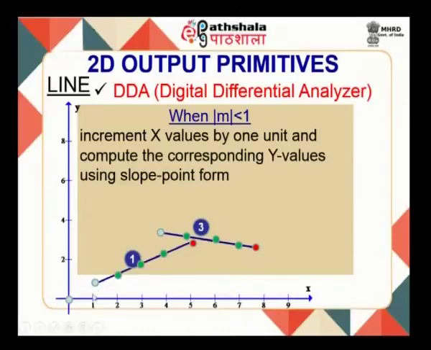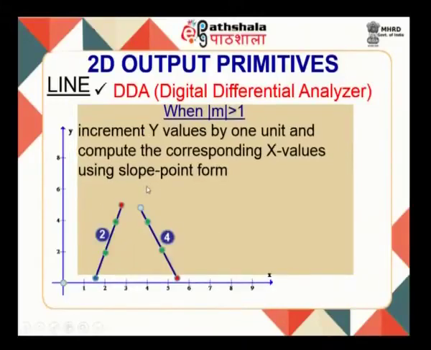We start with the first point and keep incrementing the x values by 1 unit, because we can only sample the line along the x axis at unit intervals, and that is the best possible sampling frequency. The corresponding y values are computed using the slope point form. Similarly, for the case modulus of m greater than 1, modulus is considered because the slope can be positive or negative.